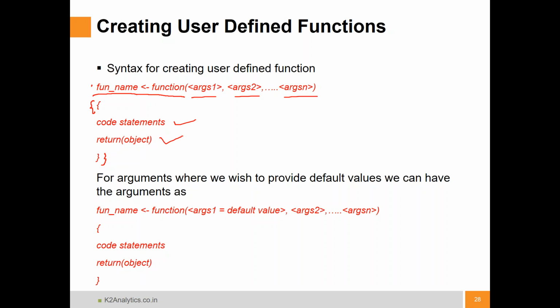The moment a return statement is encountered, the function has to come out. That means the logic is completed and you are returning out. If you don't write this statement, the value of the last statement that gets executed is returned back.